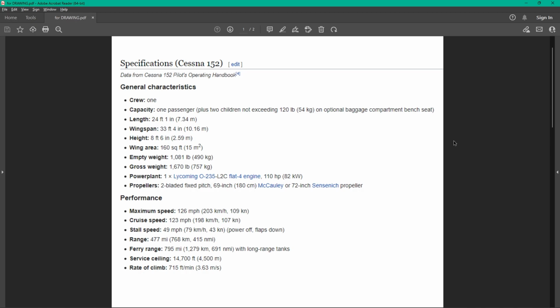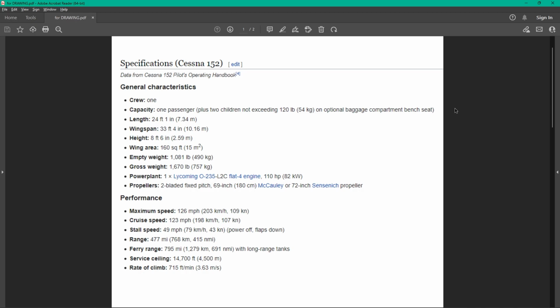So let's proceed to the performance. The maximum speed it can attain is 126 miles per hour or 203 kilometers per hour. And the cruise speed is 123 miles per hour or 198 kilometers per hour.